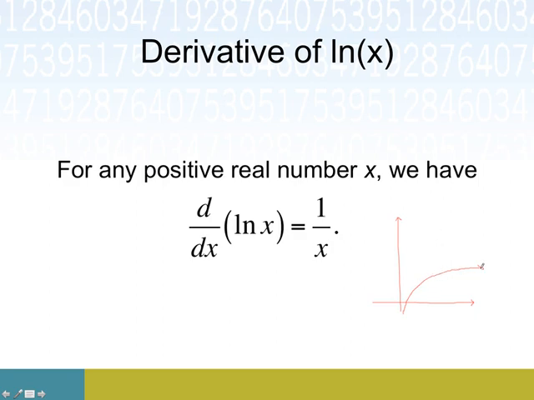So it's not going up by a lot as we go farther to the right. But the claim is that if we pick a particular x value, then the rate of change in this function at that value is equal to 1 over that x value. So the slope here is equal to 1/3, which is interesting. I mean, it makes computations relatively nice.